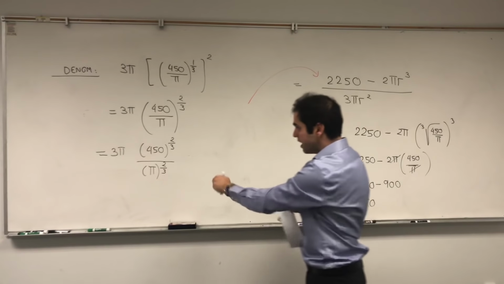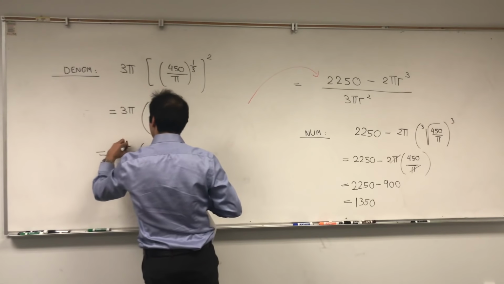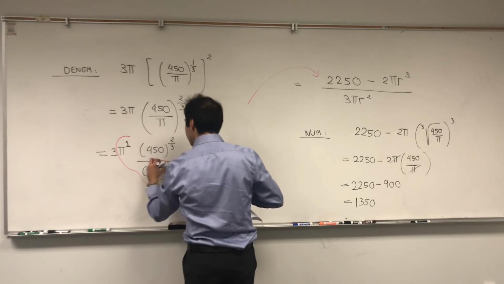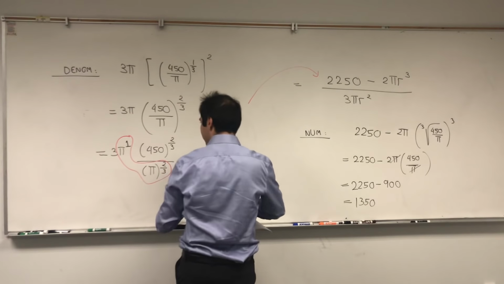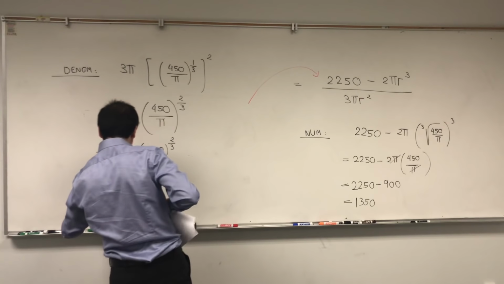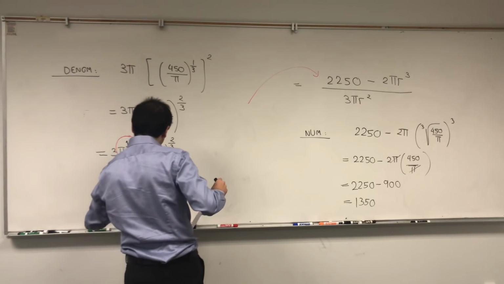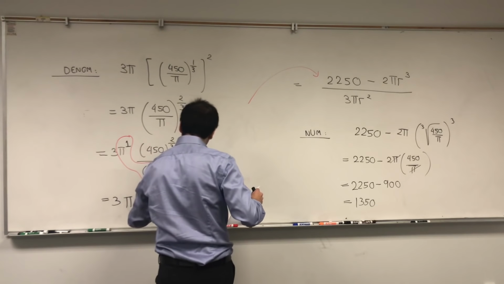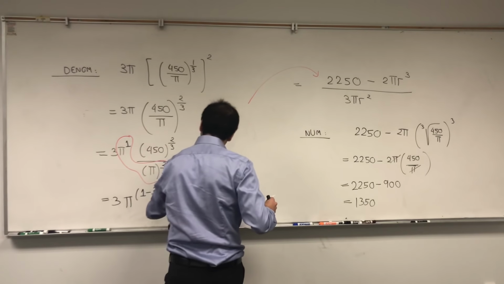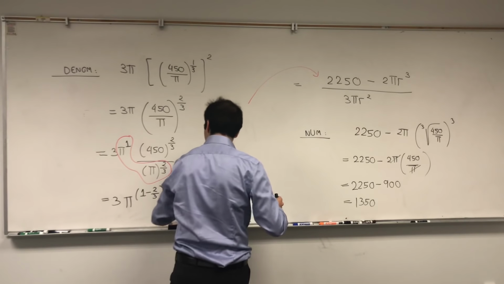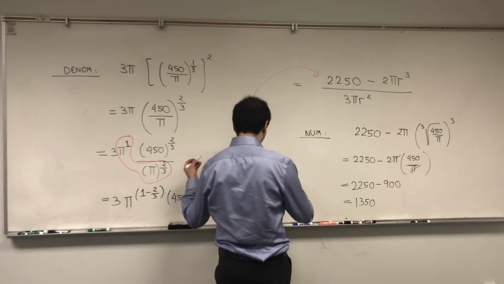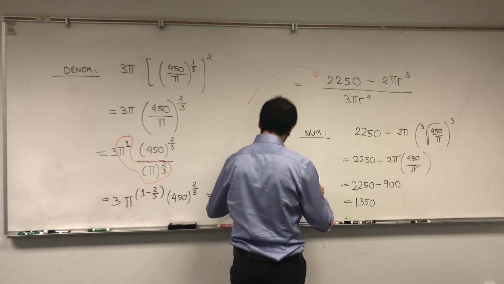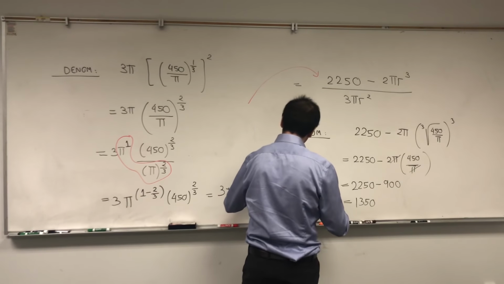But look, this kind of comes together because pi is to the first power. So you can simplify a little bit. This becomes 3 pi to the power 1 minus 2/3 times 450 to the 2/3. And that becomes 3 pi to the 1/3 times 450 to the 2/3.